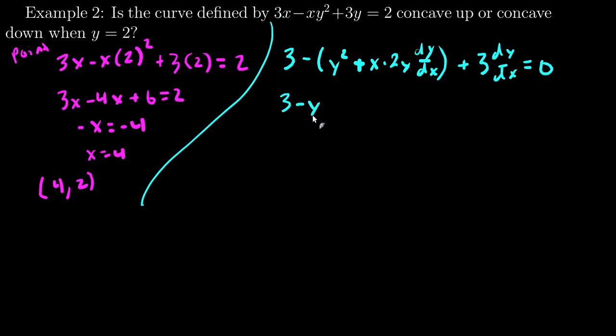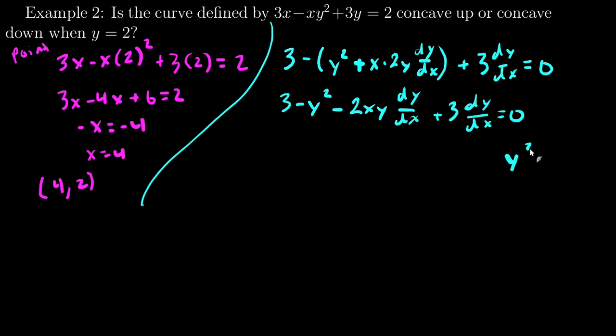So 3 minus y squared minus 2xy dy/dx plus 3 dy/dx. And I will move both these to the other side, and that will give me a positive y squared and a negative 3. I'll factor out the dy/dx and divide and get dy/dx equals (y squared minus 3) over (negative 2xy plus 3).